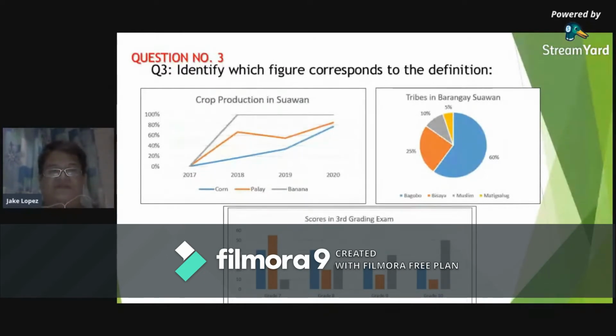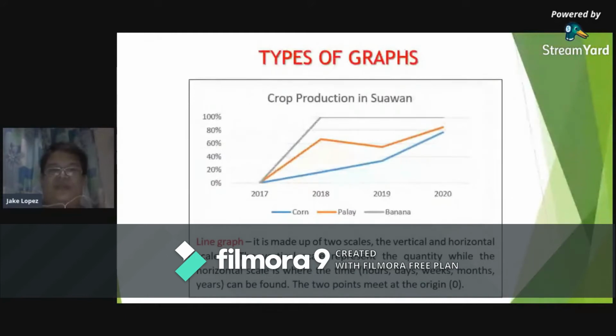So let's start. Kanina we have learned the three types of graphs. So first is the line graph. It is made of two scales, the vertical and the horizontal scales. So the vertical ito, and this is the horizontal scale.